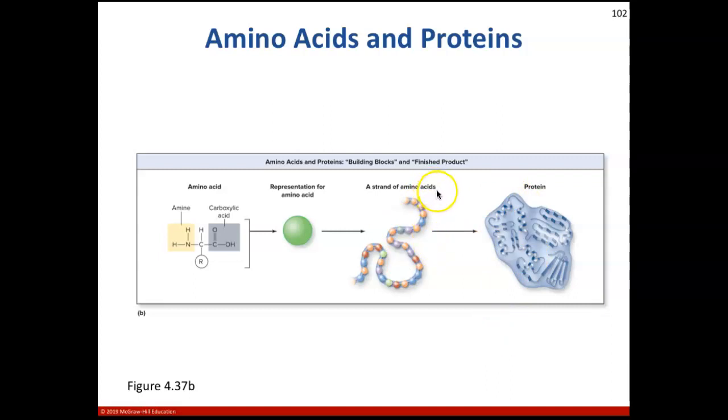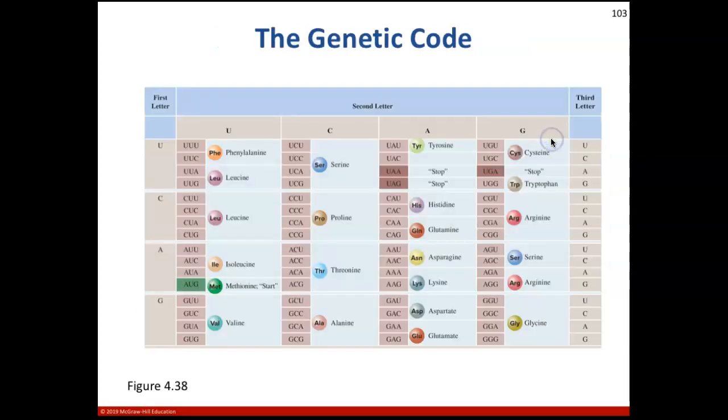So if we're starting small, we start with amino acids. Lots of strands of amino acids attached to each other create peptides, and lots of peptides create proteins. And here's that full chart, a little bit easier to see in case you wanted to use it.